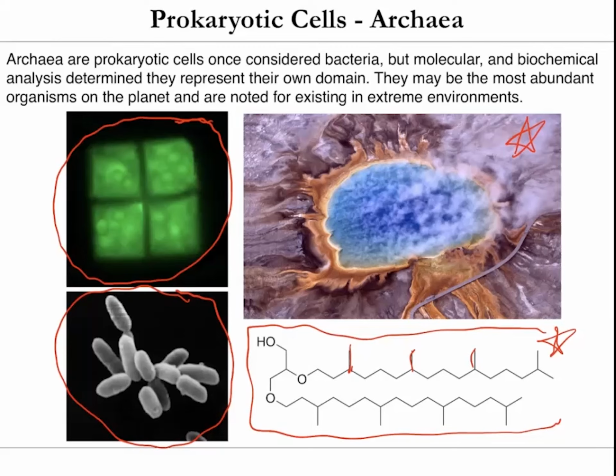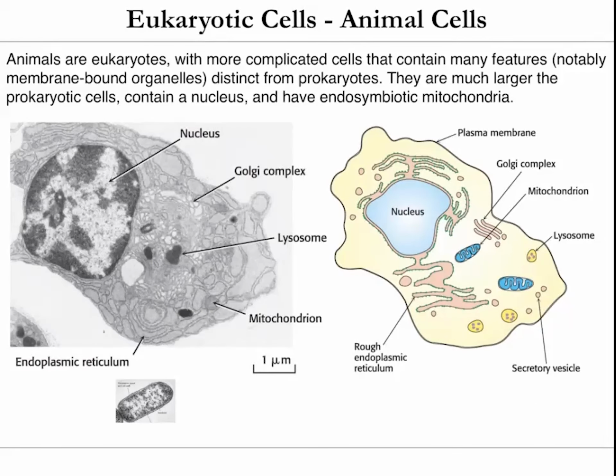Some evidence looking at seawater shows that they may be among the most abundant organisms on the planet. Living in extreme environments is just a feature of some of them. We're not going to go into a lot more detail on archaea, but they're really important prokaryotic cells on the planet. So now that brings us to the eukaryotic cells.